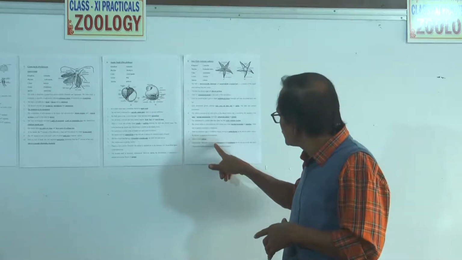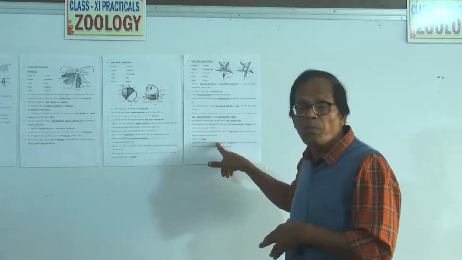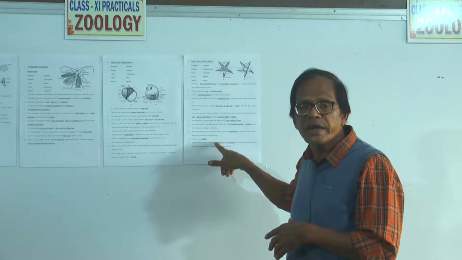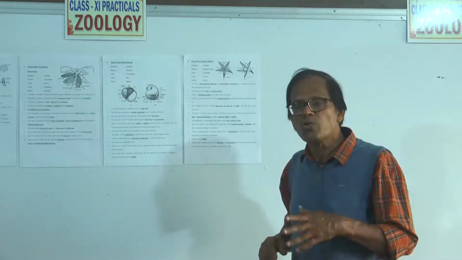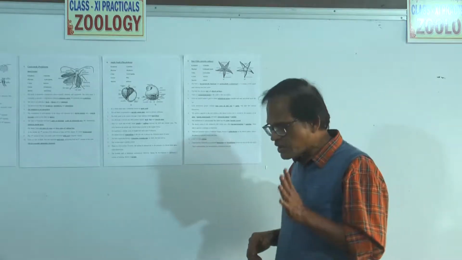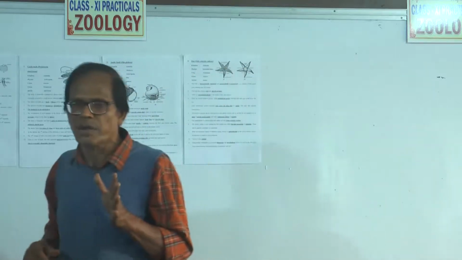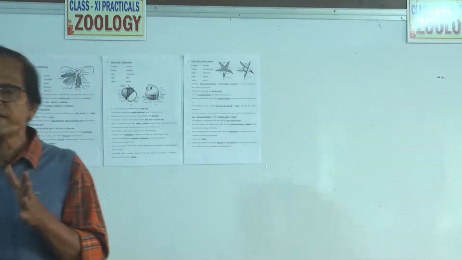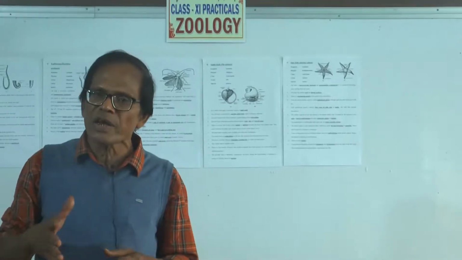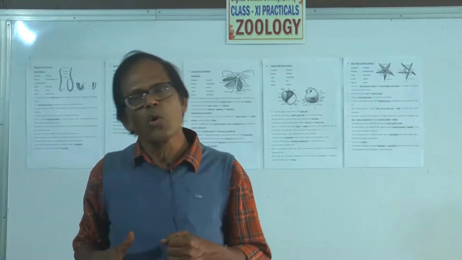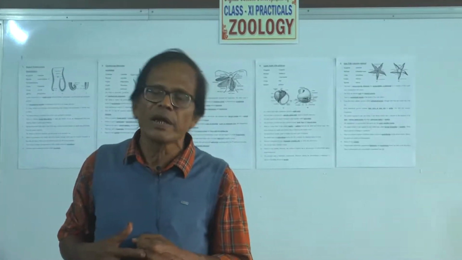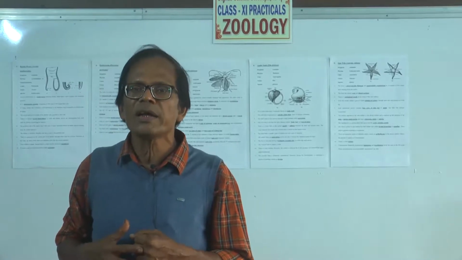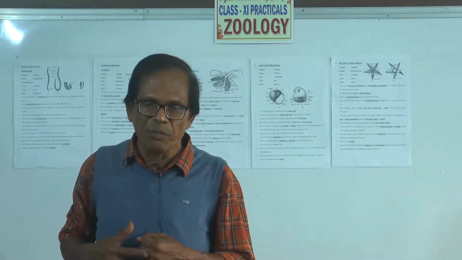So, this symmetry of Bipinnaria is the primary symmetry. Always the embryo is considered as the primary structure and the adult always is the secondary structure. The symmetry of the embryo is more important than that of the adult. It decides where to put the phylum.